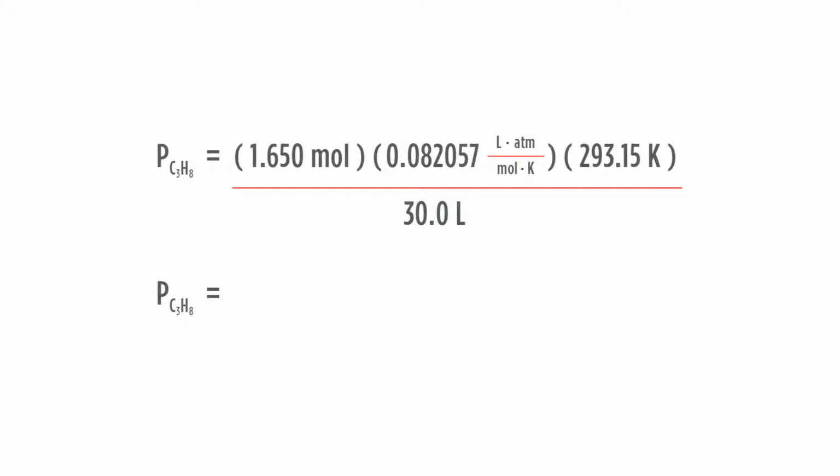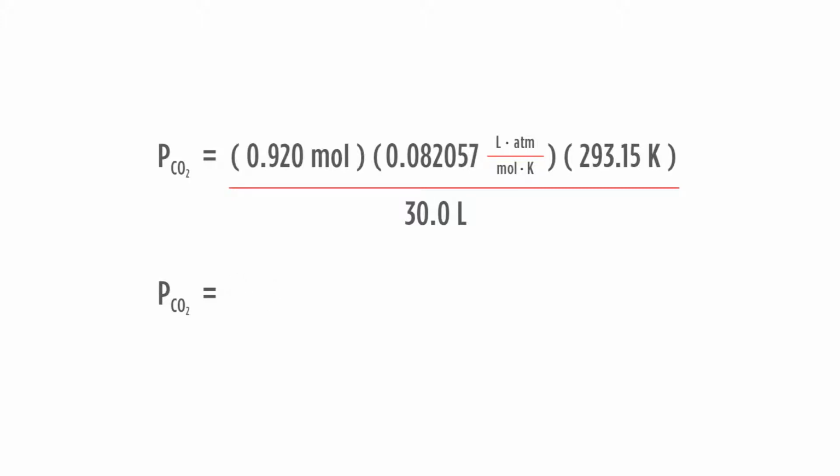So 1.650 moles times the constant R times 293.15 Kelvin, which is the conversion of 25 degrees Celsius to Kelvin, divided by 30.0 liters. We do that calculation, we look at our significant figures, and we see that the partial pressure of propane is equal to 1.32 atmospheres.